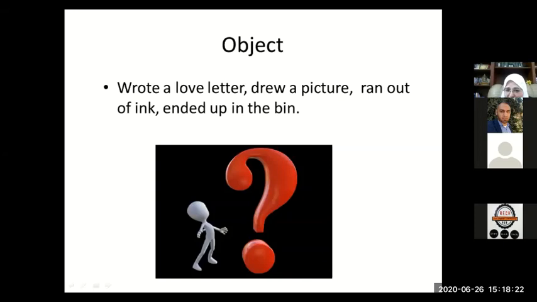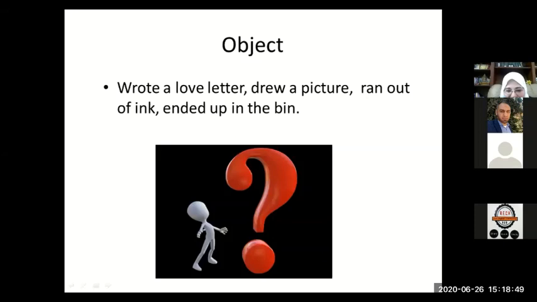I didn't know your object. So what was it? I'm so curious to know. Listen, Hanan is saying it's something that gave nice smell, grew slowly, lovers picked me, decorated the vase. Yeah, flowers, Hanan. Yeah, very good.